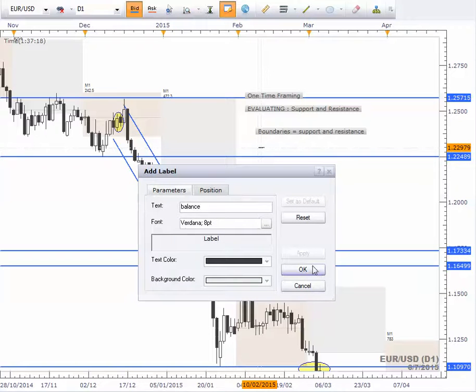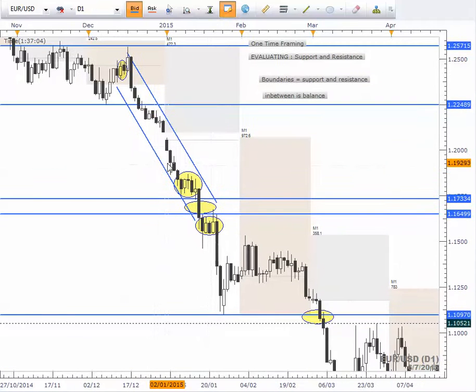And so what does that mean? It means in terms of me looking to trade that I want to trade here in this balance. I want to trade the extremes. So I want to take short.